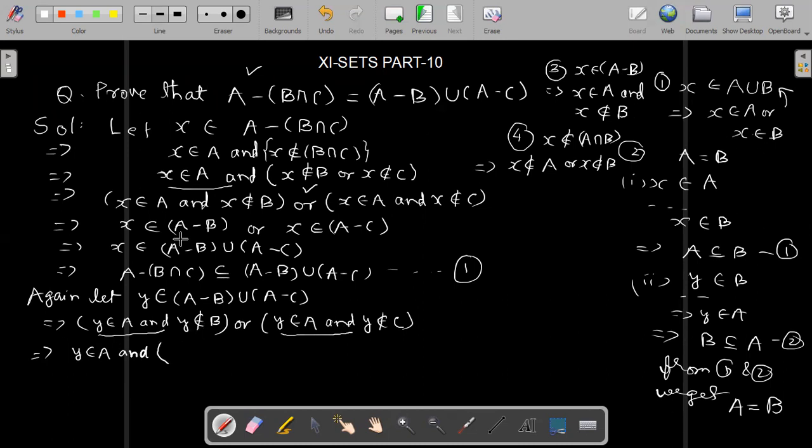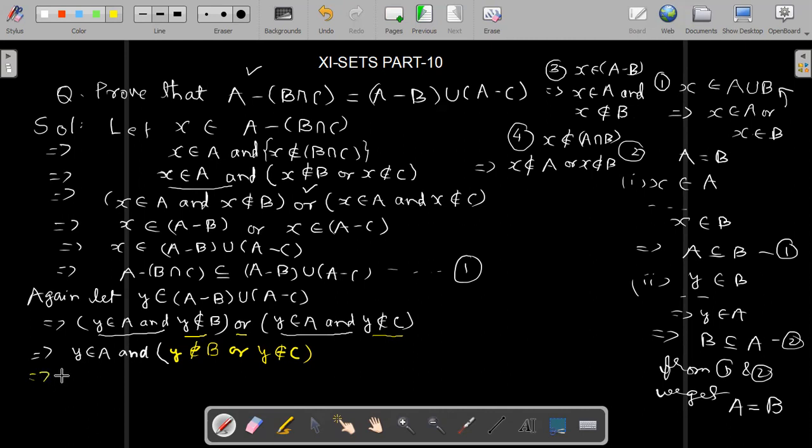This part will be left, OR will be left, and the C part will be left. So we write Y does not belong to B or Y does not belong to C.